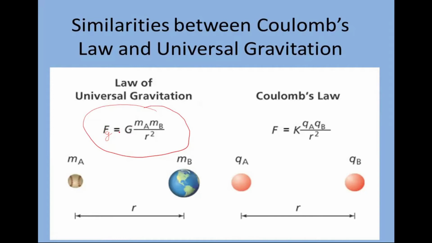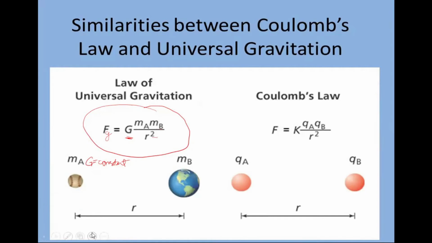This is equal to G times m sub A times m sub B over R squared. The G here is our constant, the gravitational constant.